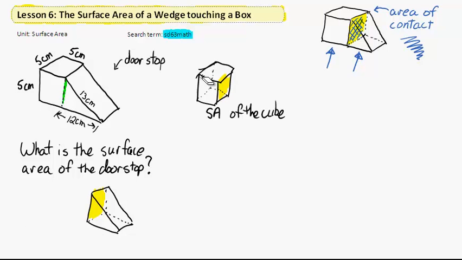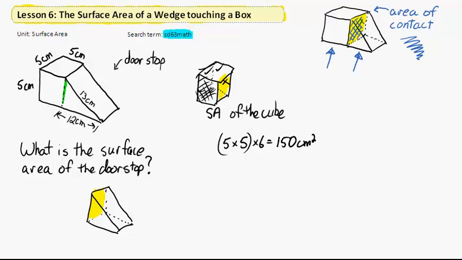Since the cube has the dimensions of 5 by 5, on each face it's 5 times 5. That's the area of one face. It's got 6 faces, so 25 times 6, or 150 centimeters squared.